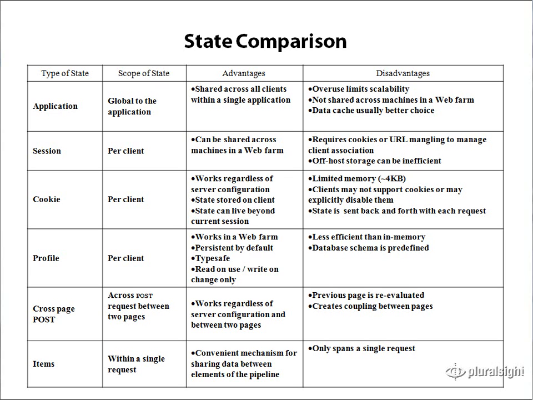So we've looked at a large number of options in this module for places to put data that you want to keep around in your application. Let's just do a quick recap on each of these various collections and talk about their scope and some of the pluses and minuses. We started off with a look at application state, and we warned you that it can limit scalability if you overuse it.